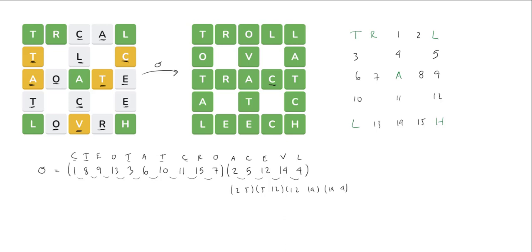So the first thing I want to do, looking at this long 10 cycle here, is I want to cycle it so that I put this C at the very end. That's easy enough to do. I can rewrite this as 8, 9, 13, 3, 6, 10, 11, 15, 7, 1.